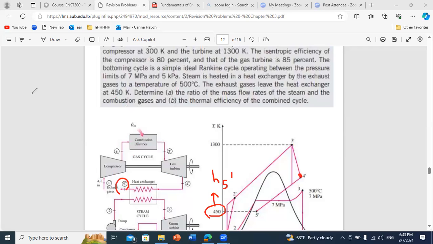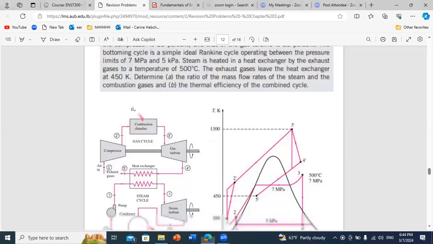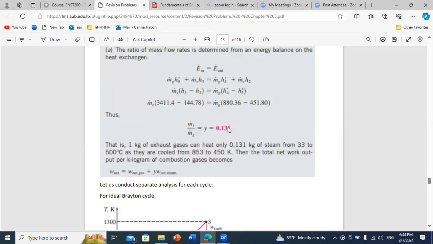First, I replace the enthalpies, I get the ratio of mass flow rates. If we do this, we'll see that this ratio is relatively small, and we can understand this because we are driving the Rankine cycle purely by the gas cycle.